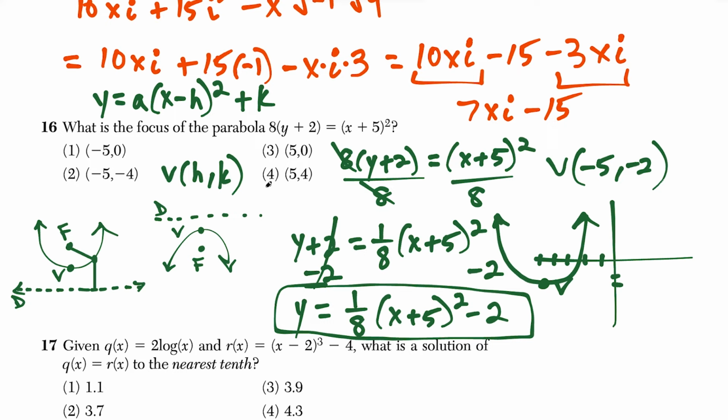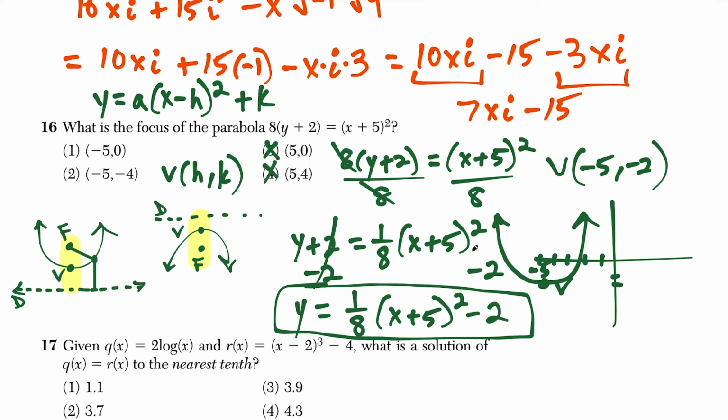So if we think about where the focus is relative to the vertex, notice that they are on the same vertical axis. It doesn't matter if the parabola is smiling or frowning. The focus and the vertex of the parabola are on the same vertical axis, whether it's like this or like this. So that tells us that the x coordinate of the focus has to be -5.